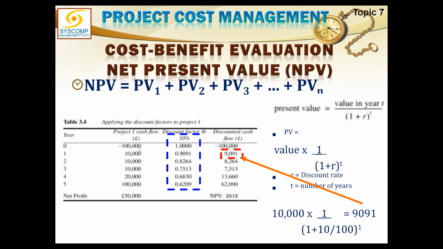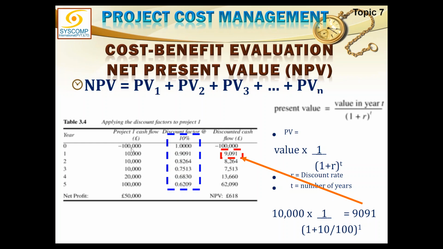We will convert every amount in this cash flow into the present value, because these are all future values. This 10,000 is after 1 year, this 10,000 is after 2 years, this 10,000 after 3 years. So I have to convert everything into the present value at the rate of 10%.